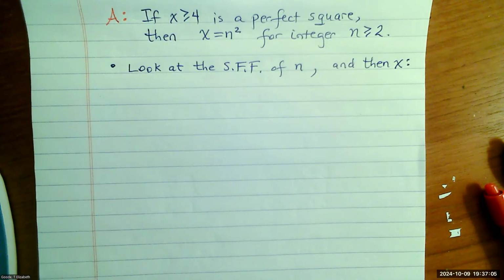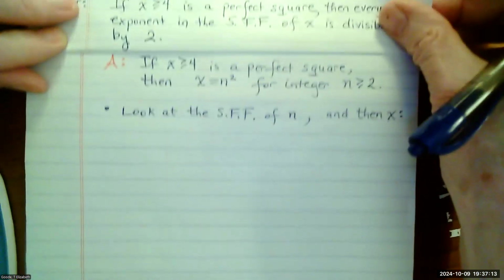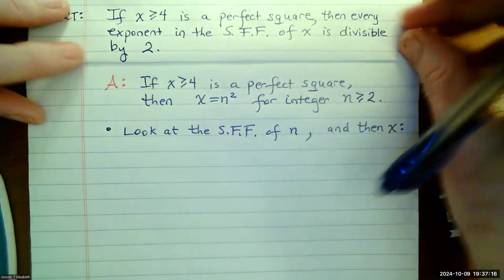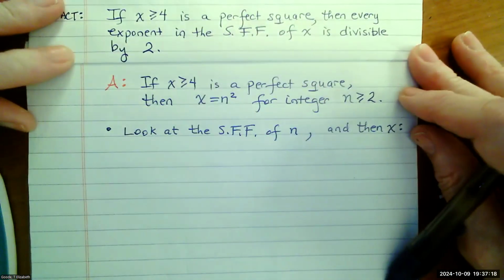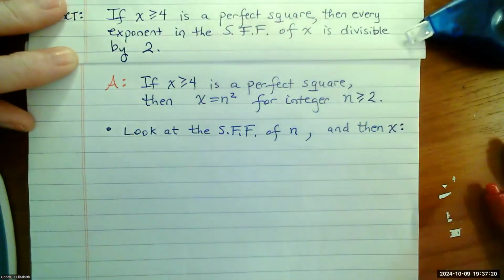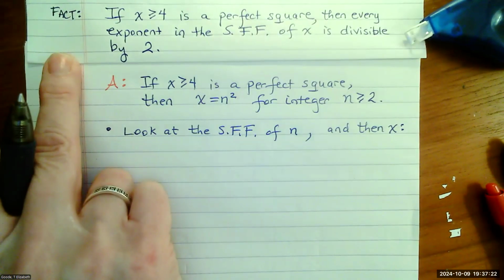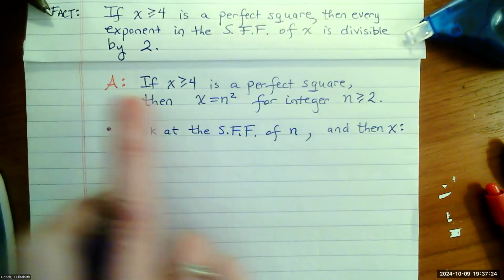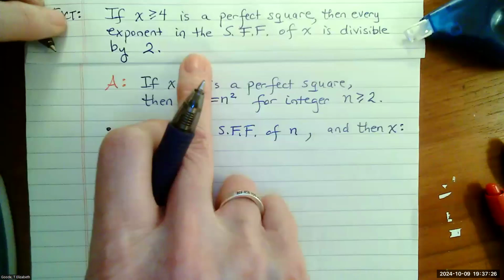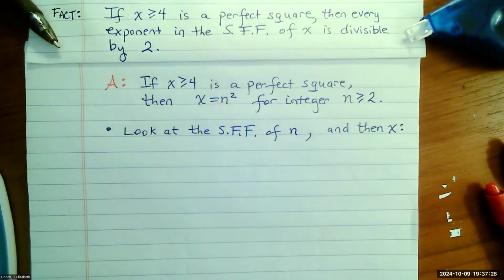Let's keep the claim up where we can see it. This fact says if x greater than or equal to 4 is a perfect square, then every exponent in the standard factored form of x is divisible by 2. Okay, that's what we're going to try to show. That each one of those e sub i's is actually an even number.